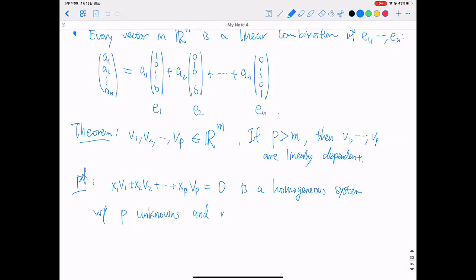And m equations. Each vector is m-dimensional, so that's m entries, and each entry will give you an equation. Now, we've seen before that if you have fewer equations than unknowns, you have infinitely many solutions.